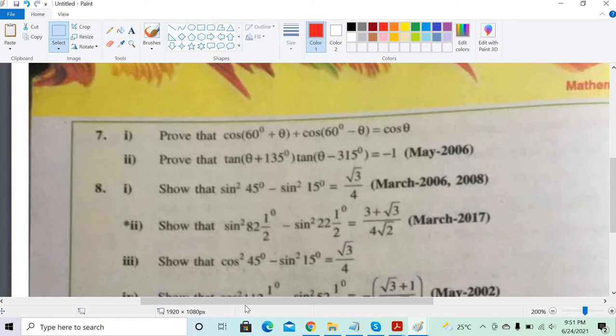Then the other side you get tan theta minus tan 45 by 1 plus tan theta tan 315. Tan 315 is again minus tan 45, which is minus 1. So tan theta minus 1, tan theta plus 1 by 1 minus tan theta, because tan theta tan 315 will be minus tan theta. When you arrange it properly, it comes as tan theta minus 1 by tan theta plus 1 into 1 plus tan theta by 1 minus tan theta.